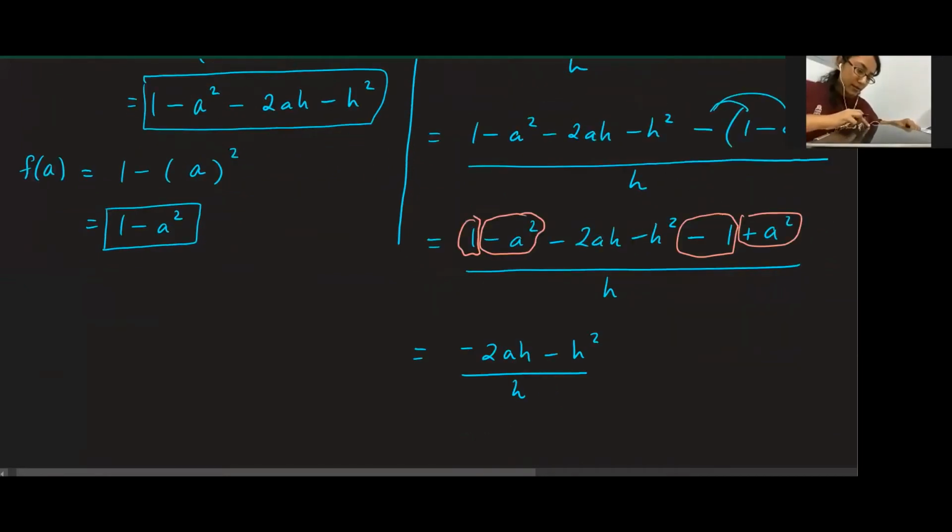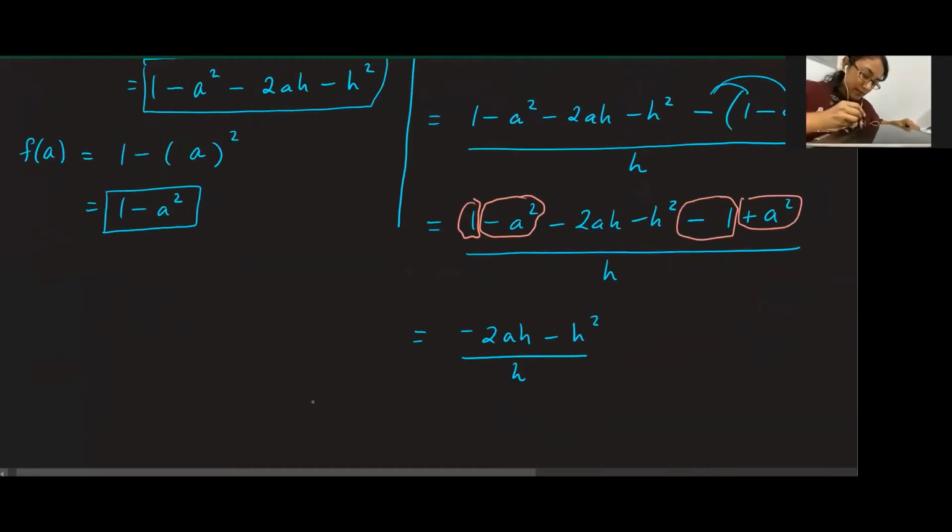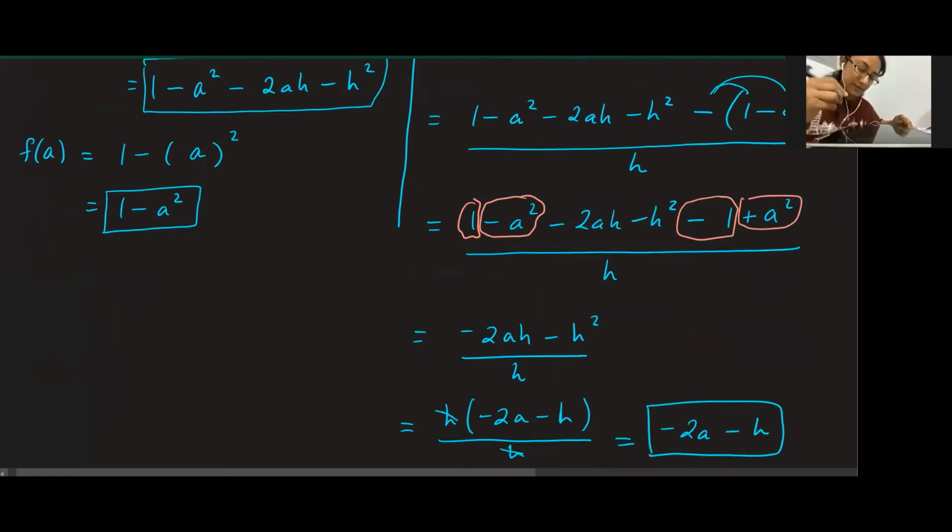And now we can go ahead and take this further, factor out an h on top. That will give us h times negative 2a minus h all over h. And here we can cancel out the h's. So our final result of this difference quotient is negative 2a minus h. So that's what it will simplify to.